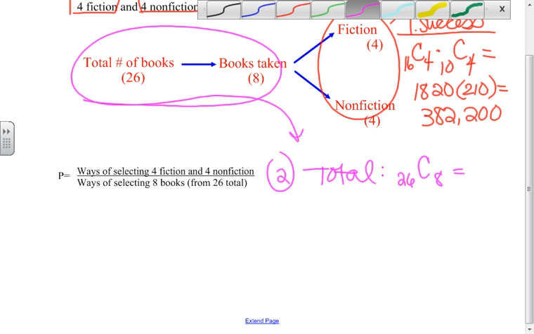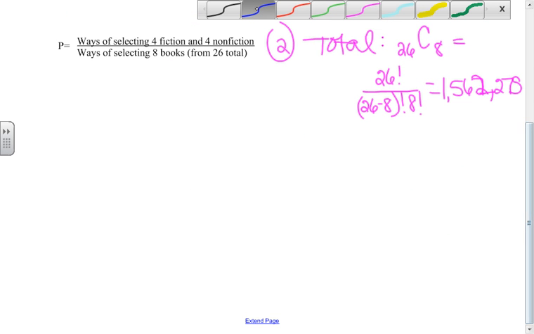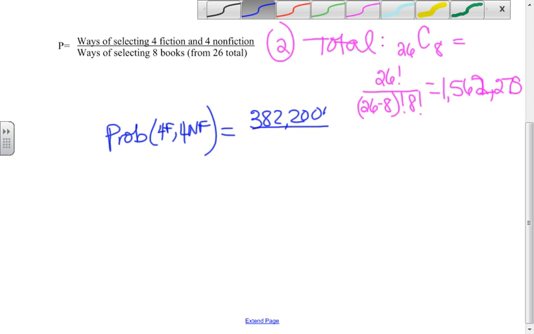And when you work that out by its formula, remember that formula would be 26 factorial over 26 minus 8 factorial times 8 factorial, you get 1,562,275. So to find the probability of 4 fiction, 4 nonfiction, we take our success, which is that 382,200 number, all over our total options.